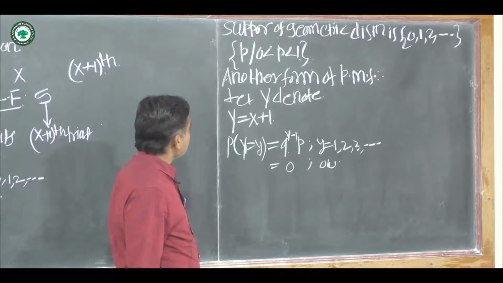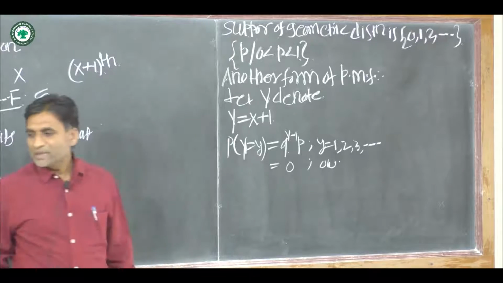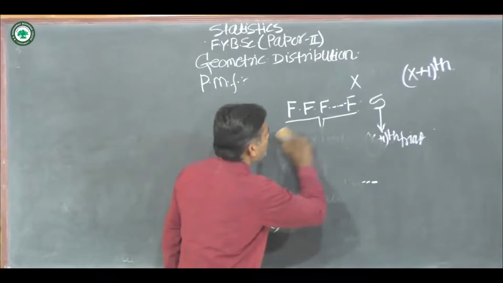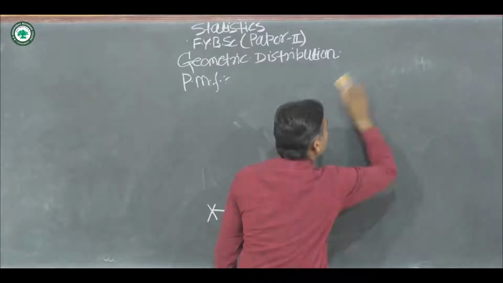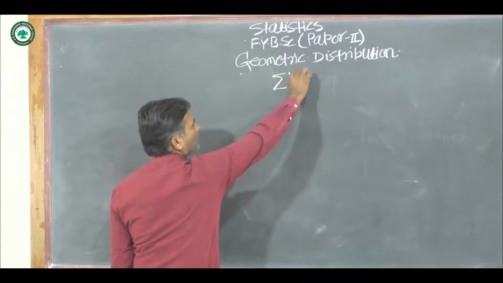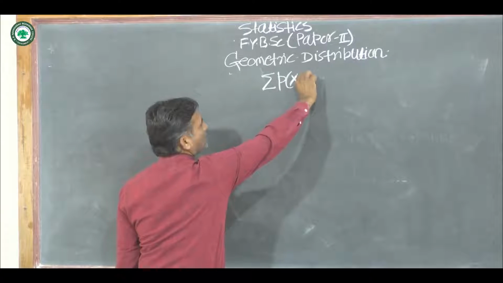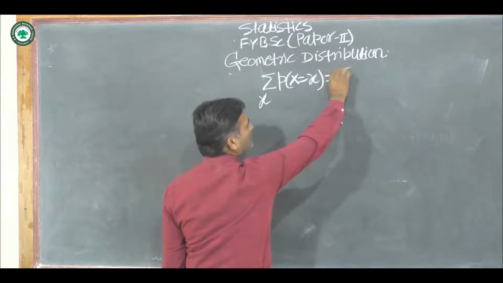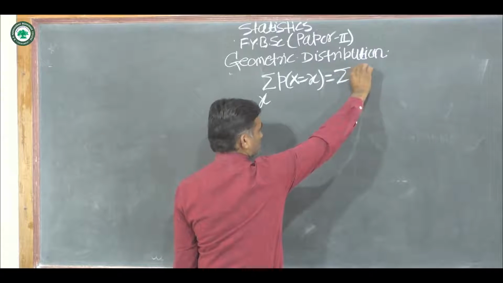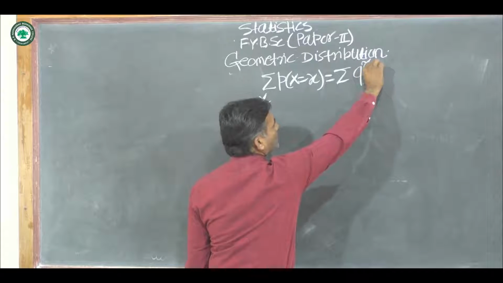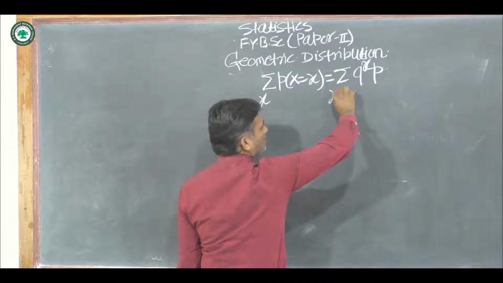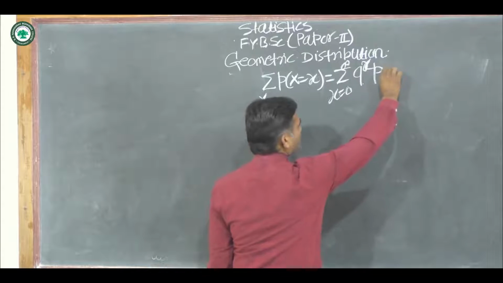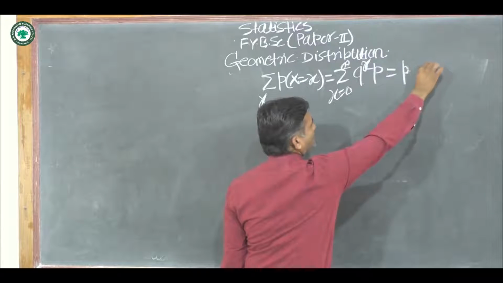Now we verify the second condition of the probability mass function, that is, summation of p of x is equal to 1. Summation of probability of x equal to small x, summation over x, is equal to summation of q raised to x into p, x running from 0 to infinity. p is a constant, so take it out of the summation sign.